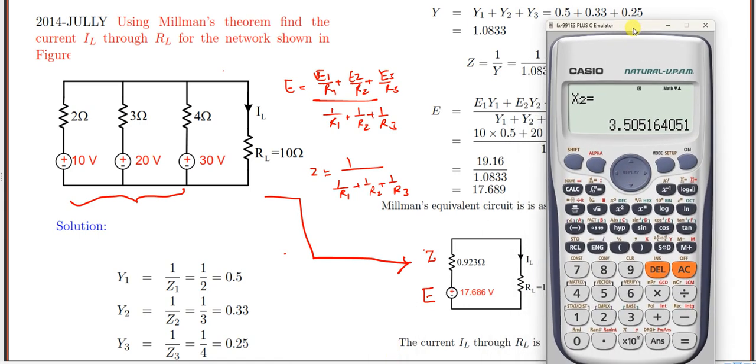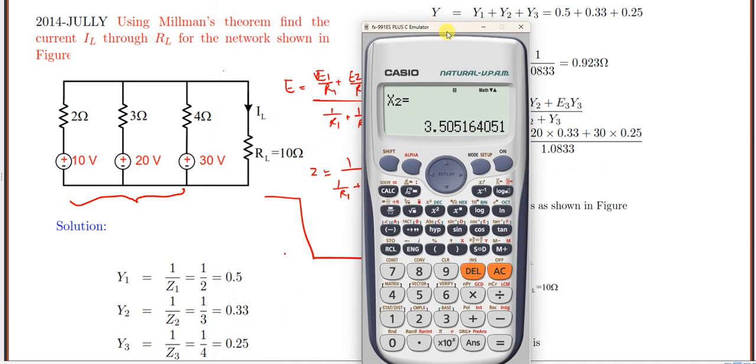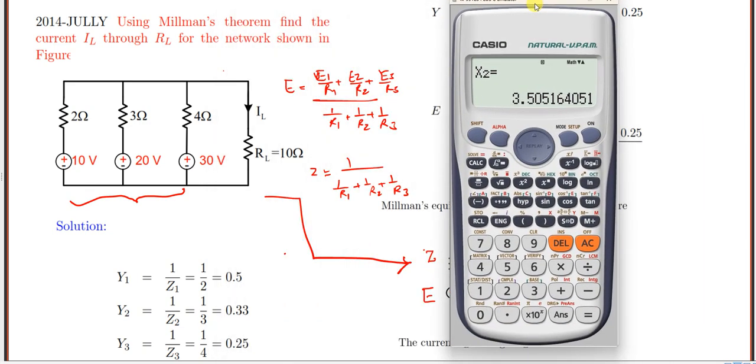So I'm going to do like this. Clear it. You take the numerator and denominator. Here we have E1 by R1, which is nothing but E1 divided by reciprocal of R1.